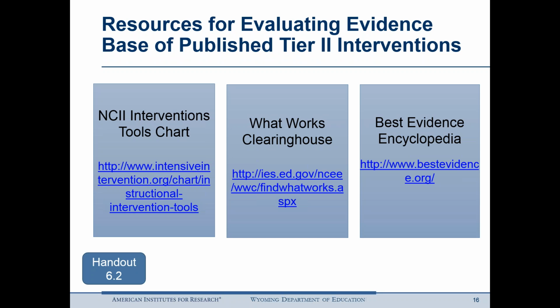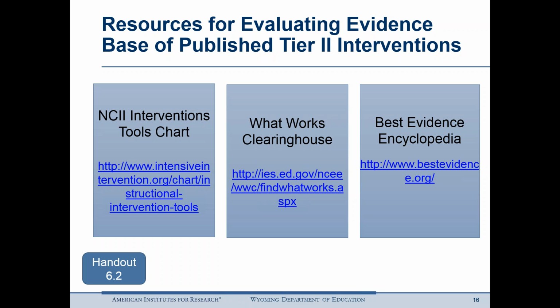Find handout 6.2 in your participant workbook. There are 3 resources for evaluating the evidence base of published Tier 2 interventions. The handout outlines the criteria and the domains that are used on particular websites. The National Center for Intensive Interventions, or NCII, provides intervention reviews of interventions that have been used at a Tier 2 level.